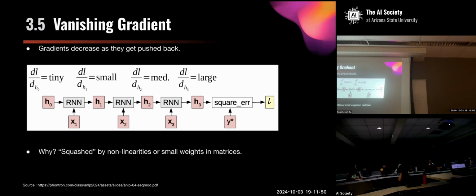At the end, a term will come of the form lambda and W, where W is the weight matrix, to the power T.